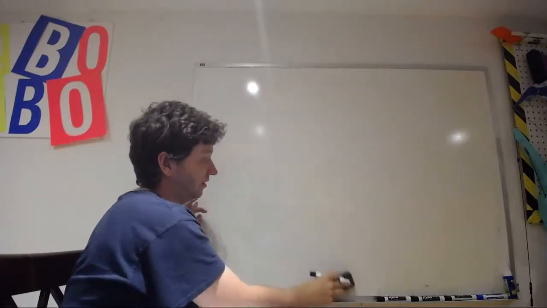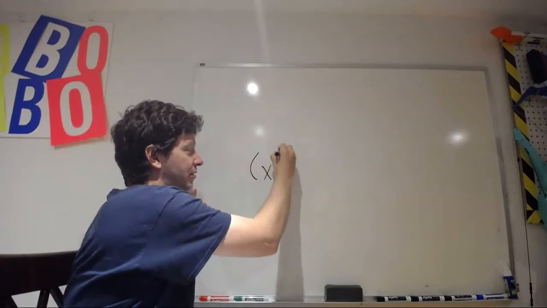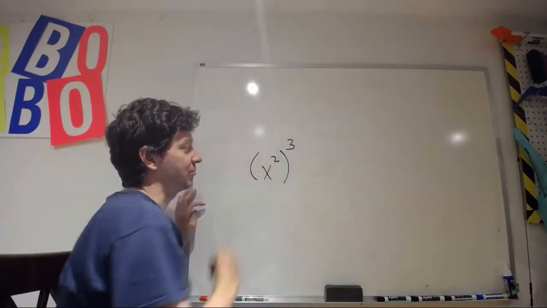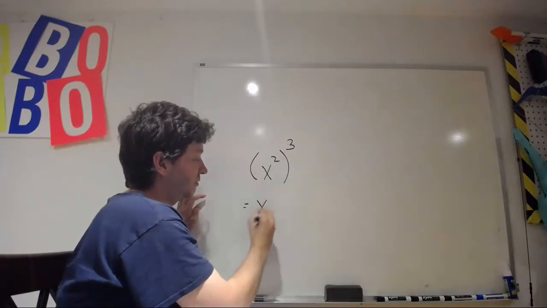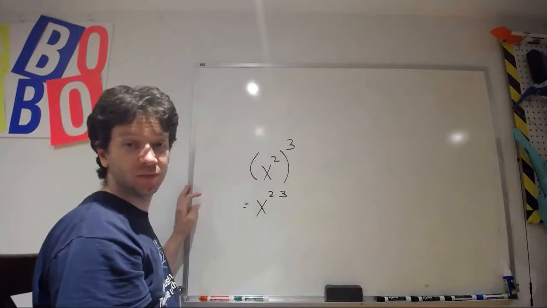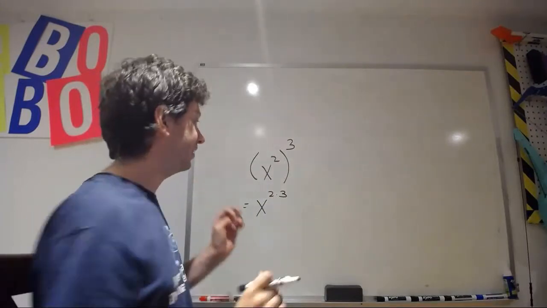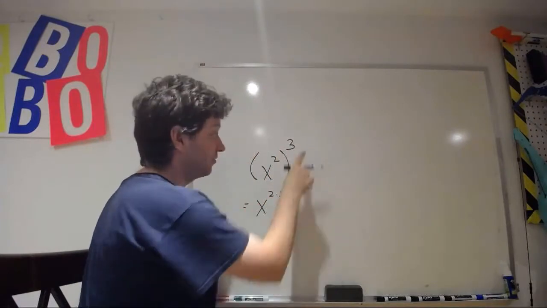The last one, which you probably remember, is if you take a power to a power, something like that. Now in this case, you're going to multiply, 2 times 3. Why does that actually work? Well, you can think of taking what's in the bracket and multiplying it by itself 3 times.